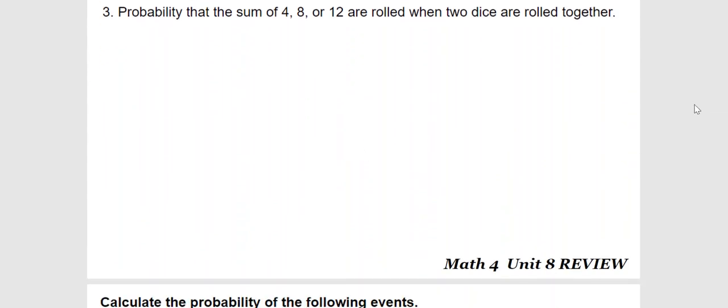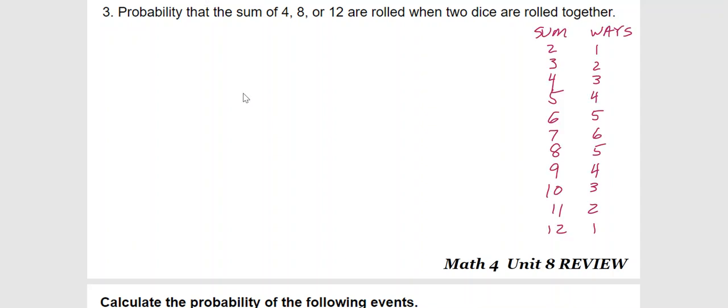Probability that the sum of 4, 8, and 12 are rolled when the 2 dice are rolled together. I'm going to pause and put up that little chart on the right. Okay, we have our little chart here where we've got the sum of 2 through 12, which is rolling 2 dice. And then this is the ways that it can happen. There is 1 way to make a 2, there are 6 ways to make a 7, and so on and so forth.